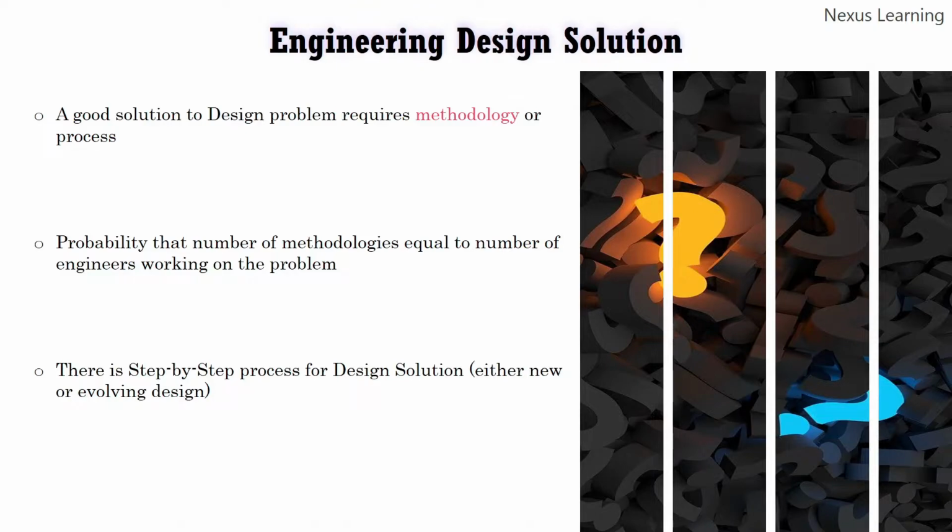So there may be 5, 6 methodologies for a single problem, which means that sometimes there are 5, 6 engineers working on the same problem. And there is a step-by-step process for design solution, either a new or an evolving design, whatever it may be.